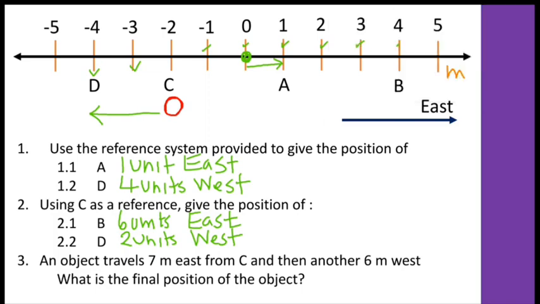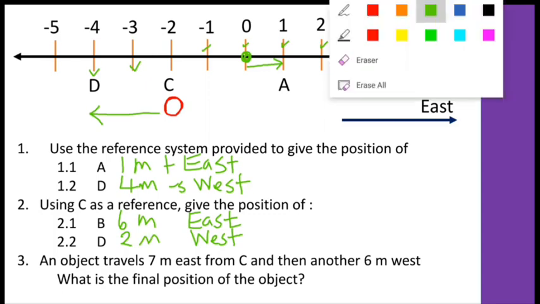Fine, not a problem. So we're going to change these answers. Instead of saying units, we can just add meters there. So that's 1 meter, 4 meters, 6 meters, 2 meters.